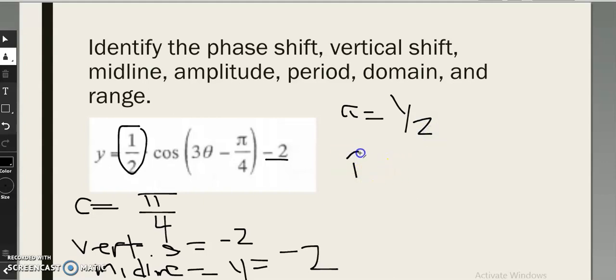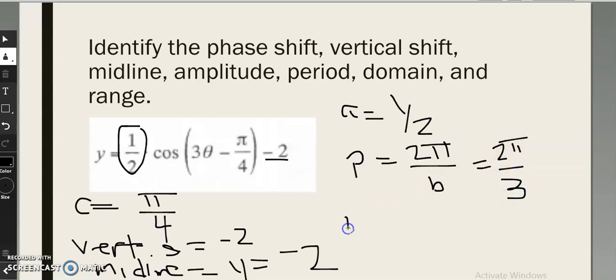My period is 2 pi over b, which is going to give me 2 pi over 3. The domain, always, always, always for sine and cosine, is all real numbers. So I can denote it like that, or I can say negative infinity to positive infinity.